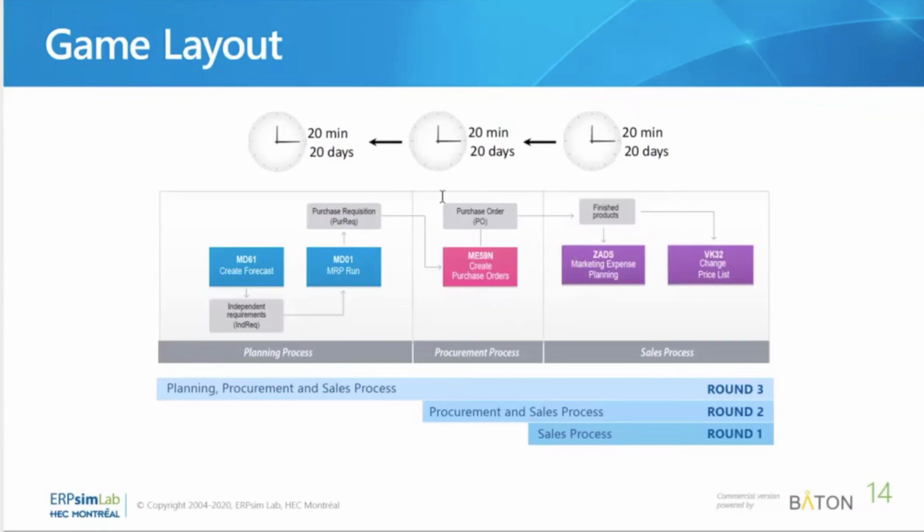Now you have this replenishment decision at first, and then you also need to make decisions about your price points and marketing expenses. If you want to make any changes with that, that can be done in round 2.